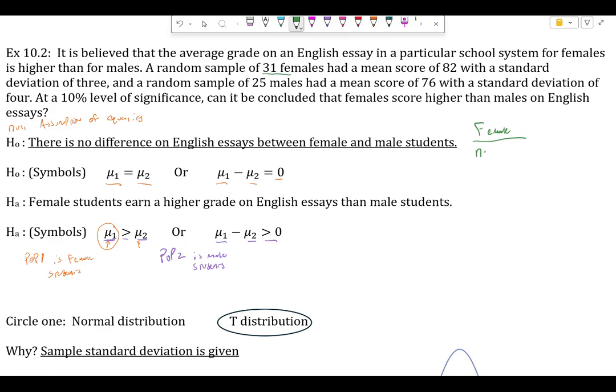The sample size for the females is 31. Their mean, x bar, was 82, and their standard deviation, s, was 3. And the males had a sample size of 25, a mean score of 76, and a standard deviation of 4.